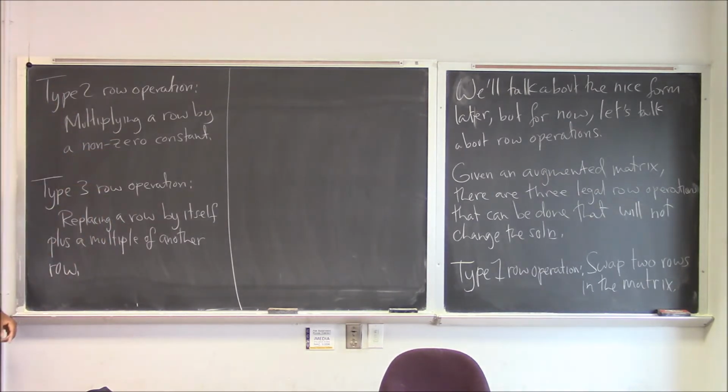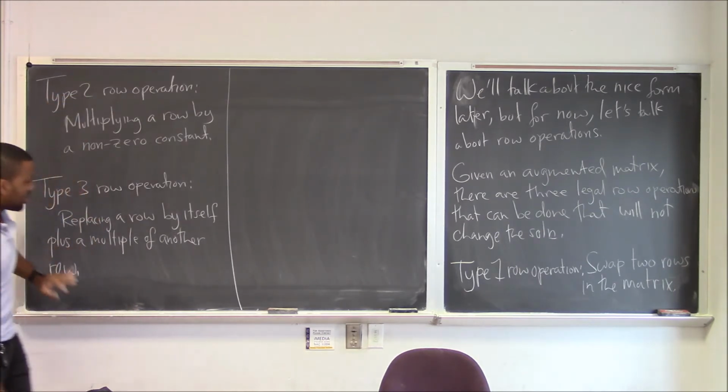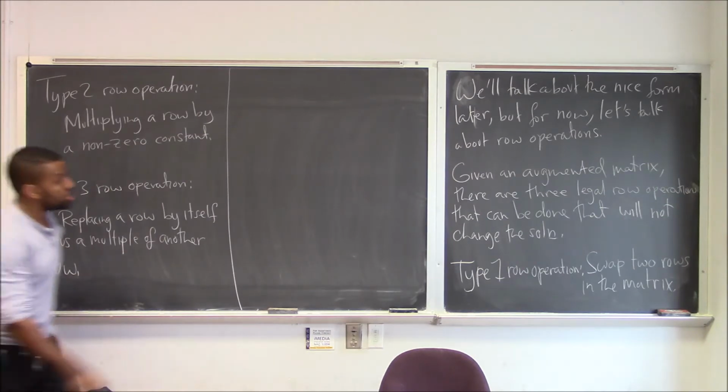This phrasing is very important for theoretical considerations, but if you multiply the row that you want to change by something else, you'd actually be doing a type 2 followed by a type 3. You're doing two at once. But these are the elementary row operations.